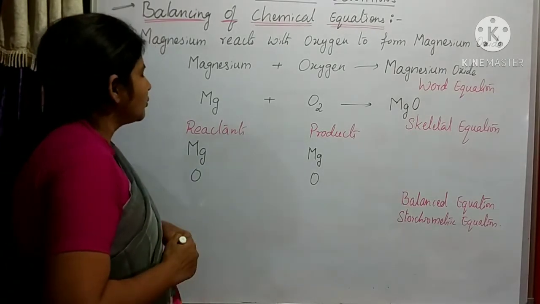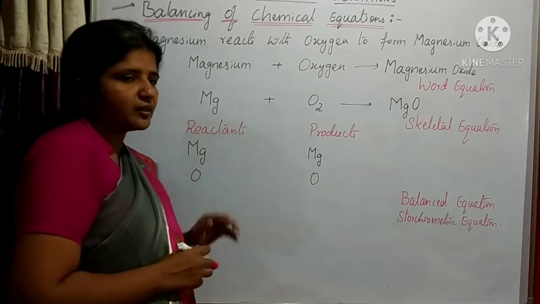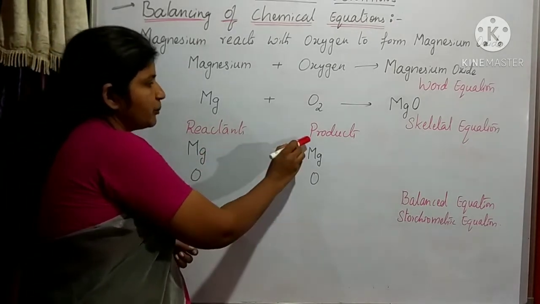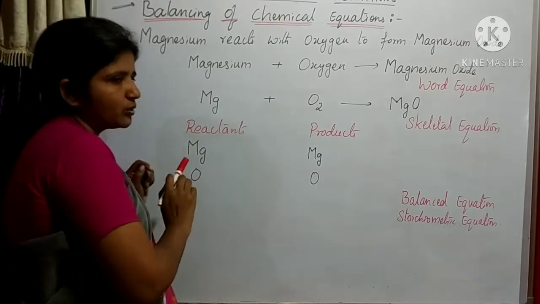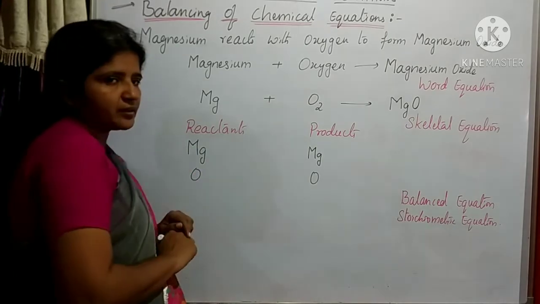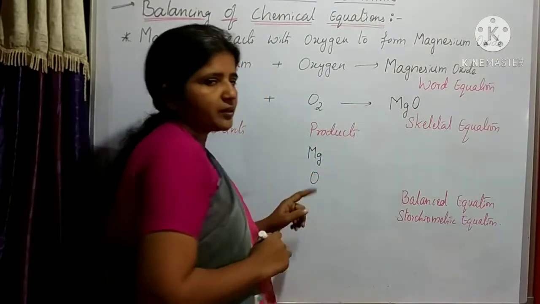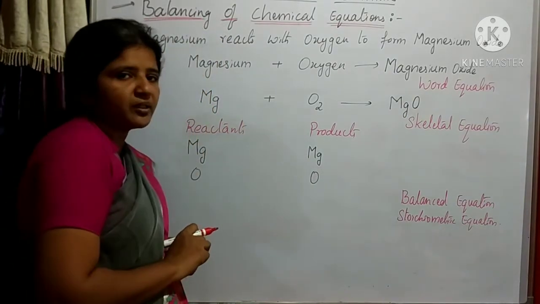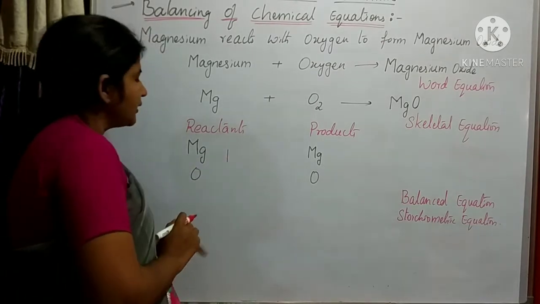Listen carefully. This is the unbalanced chemical equation. Now we are balancing it. First of all we write reactants and products. On the reactant side, list out the elements present: magnesium and oxygen. On the product side, magnesium and oxygen. In the reactant side, how many magnesiums are present? 1.